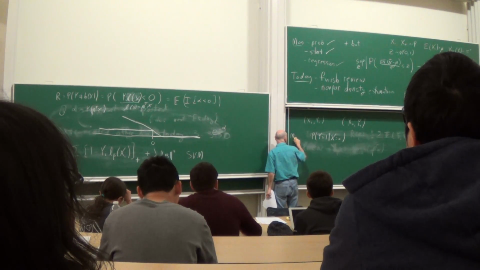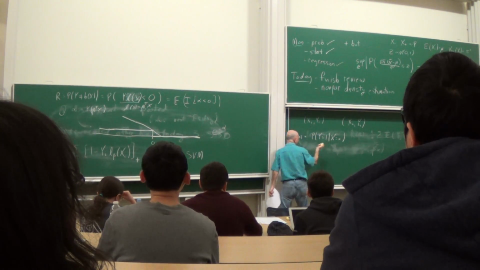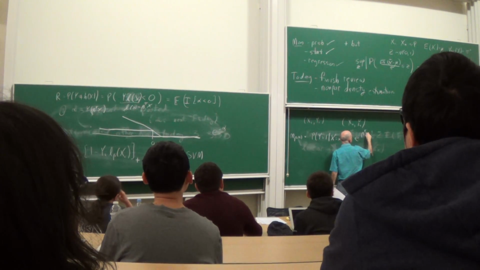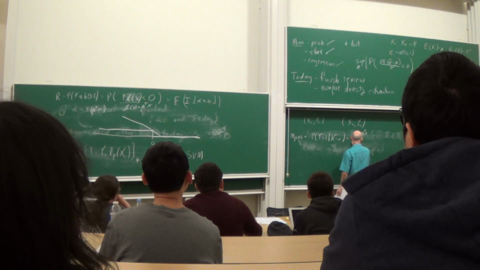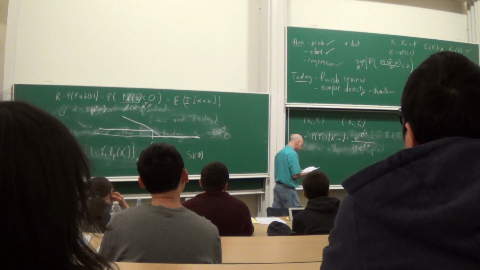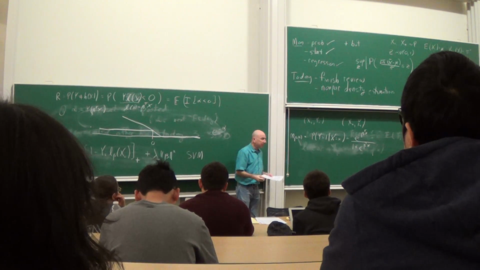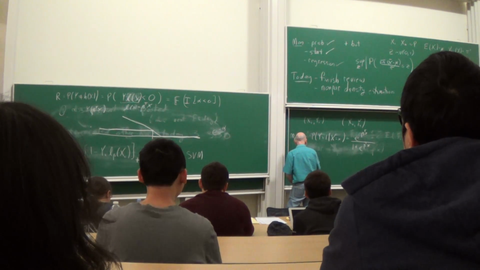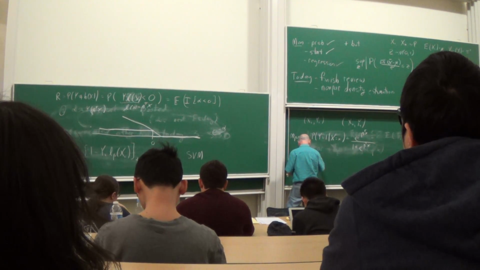Let's call it m sub beta of x, and I think you remember it has this form. So that gives us a parametric model, and we can write down the likelihood function.